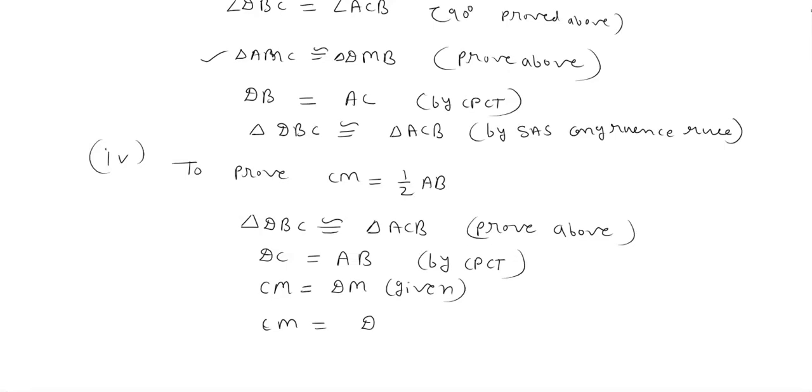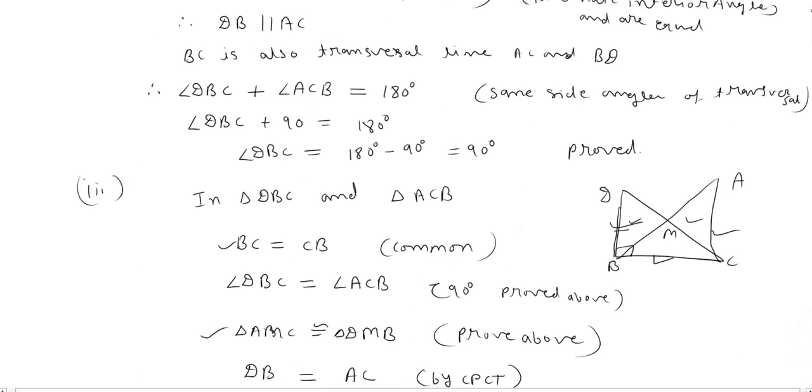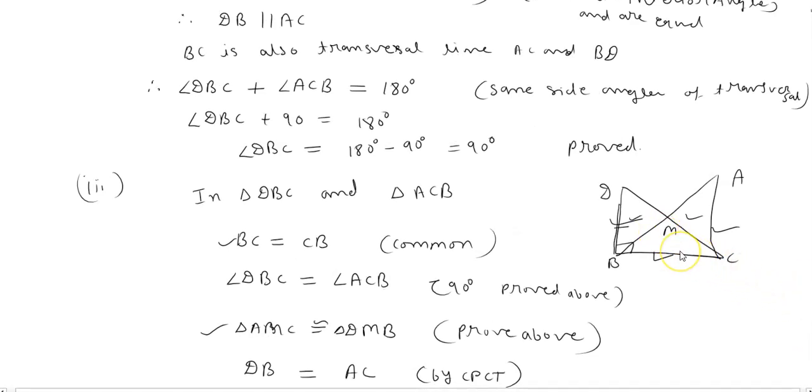DM is half of DC, because DC is the complete line and M is the midpoint. So DM is equal to CM, given.